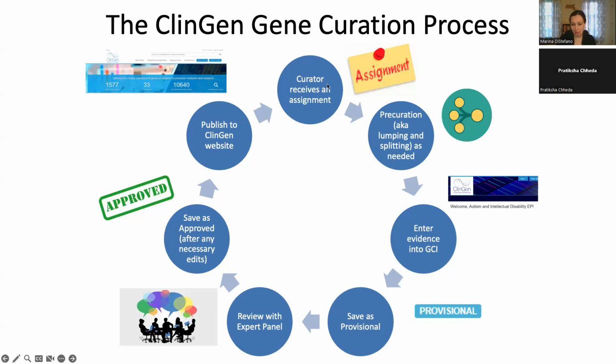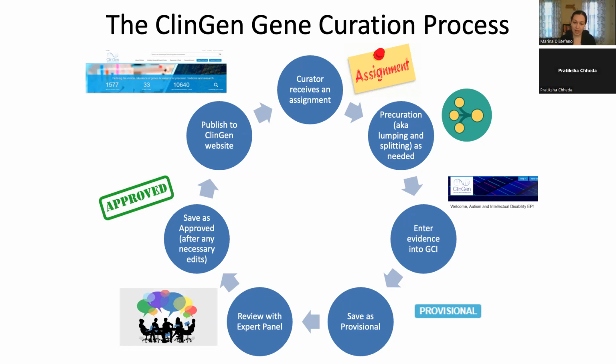So you'll receive an assignment. Usually this means that you would do a pre-curation. This is lumping and splitting as needed, where you look for all the proposed entities to be related to your gene of interest. You would present, based on the training materials, the different pieces of information like the phenotypic spectrum, the mechanism of disease, the mode of inheritance, et cetera, on a call.